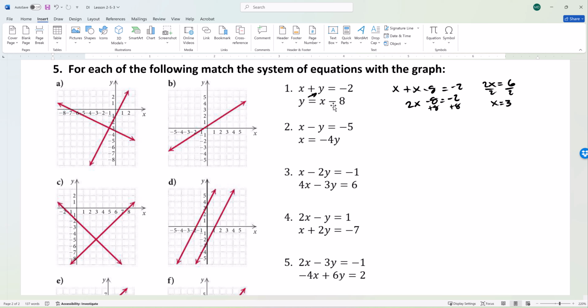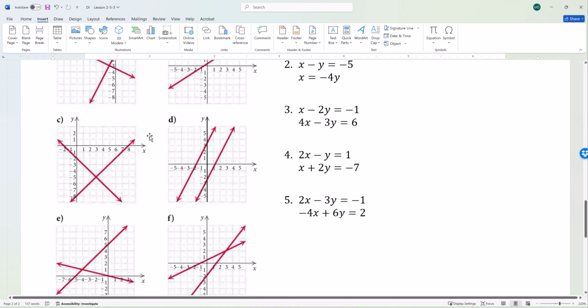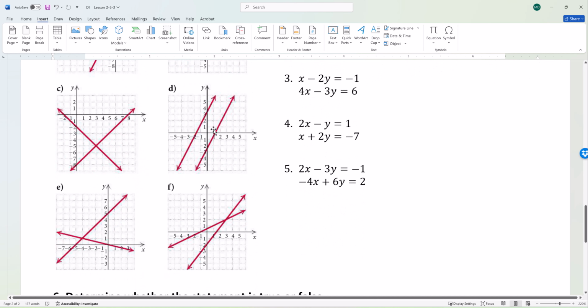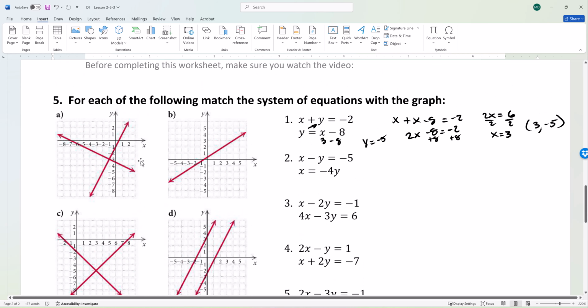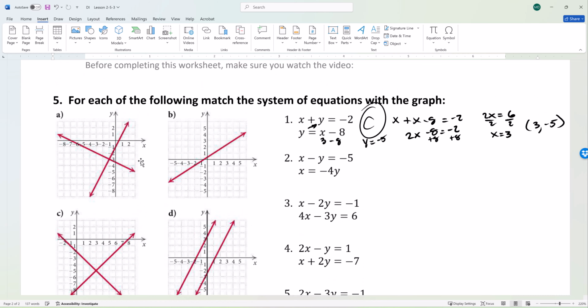Now if I plug that back in, y equals negative 5. So my solution is 3, negative 5. So I need to find which one has a solution of 3, negative 5. No, no, no, no, no, yes. So I can say that this one is going to be C.